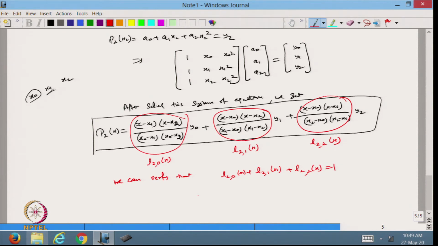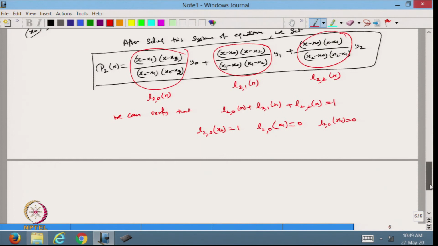And also from here I can see that L20(x0), if I am putting x equal to x0 here, this will cancel out, so its value will be 1, and L20(x1), so x1 is x1, so it will be 0, and L20(x2) will also be 0.